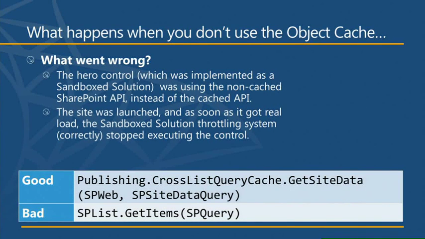And it's implemented as a sandbox solution, which is a good idea in principle, but unfortunately, because that's not leveraging the SharePoint API, or rather it's leveraging a non-cached SharePoint API, we're going to immediately blow out of the constraints of the SharePoint sandbox service, right?